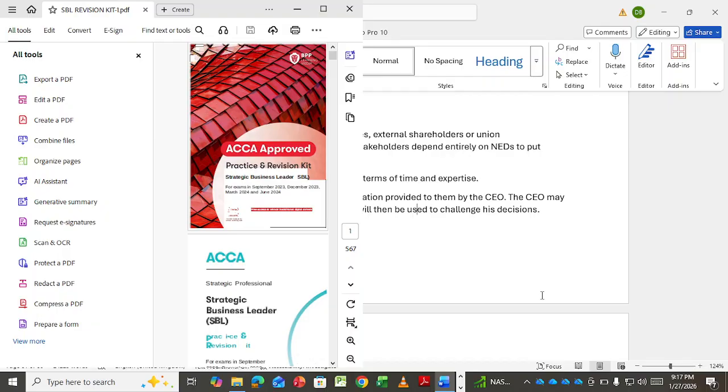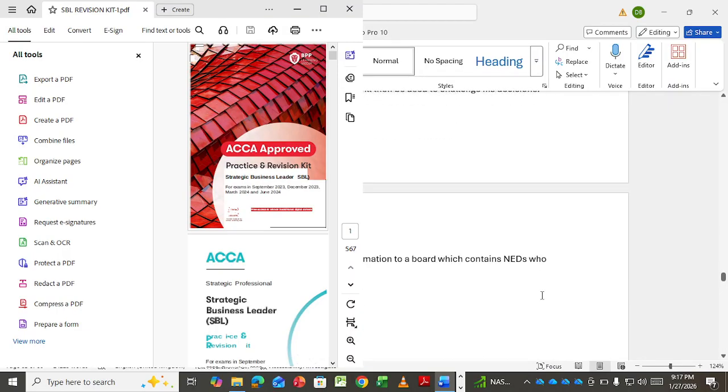The other challenge we could have is that managers may be reluctant to provide information to the board that contains the NEDs, who may be viewed as outsiders, because the NEDs are not usually actively running the company. But now, if they are sharing authority of managing, the managers could be scared of losing their jobs, or they could think they will be judged by the non-executive directors, as they are not in the day-to-day running of the business.